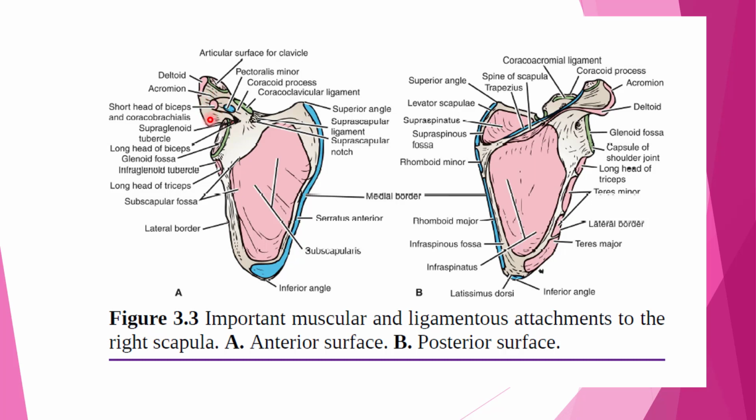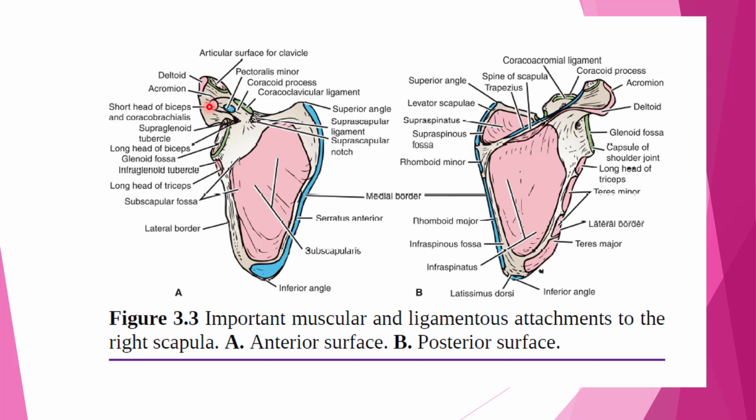Can you see here, which will be short head of the biceps? So both heads of the biceps are present here. Again, I will repeat, the long head originates from the supraglenoid tubercle and the short head of the biceps originates from the tip of the coracoid process. This is the tip of the coracoid process.